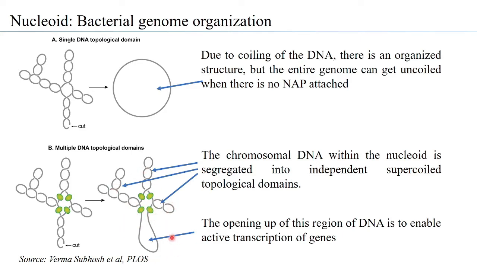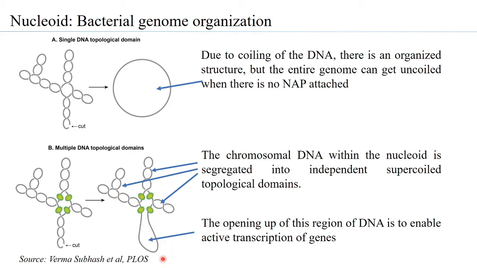So here what you can observe is that because you have these proteins actually demarcating one looped structure from the other, if the bacteria has genes that need to be expressed from only this one, why should the other domains unwind? Only the domain which has the genes that have to be expressed gets unwound.